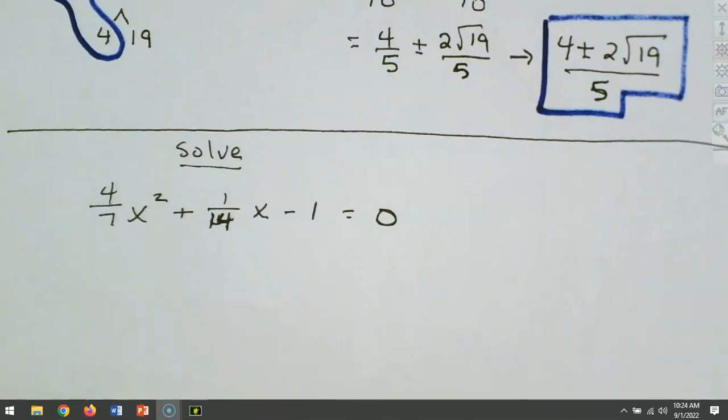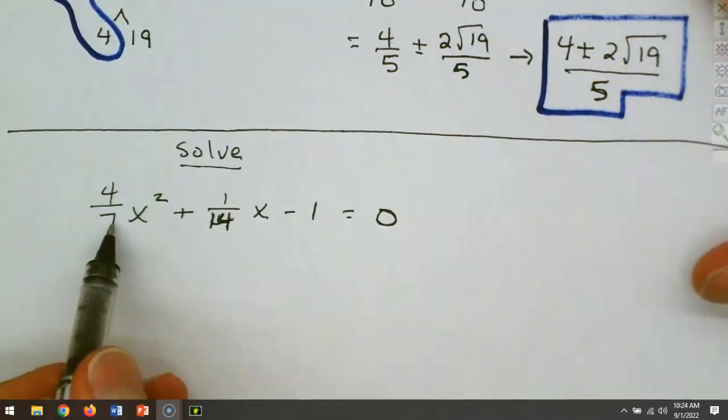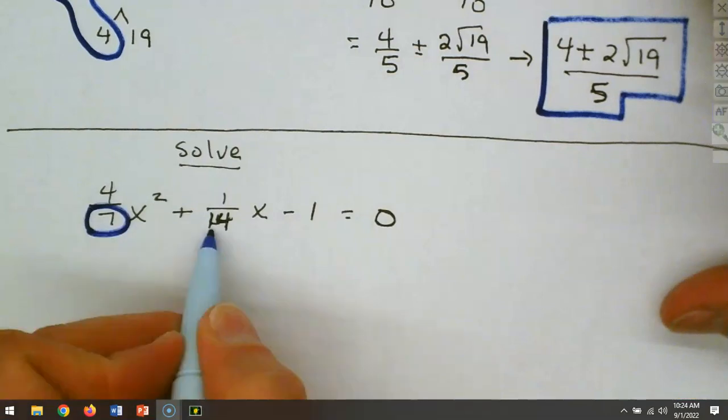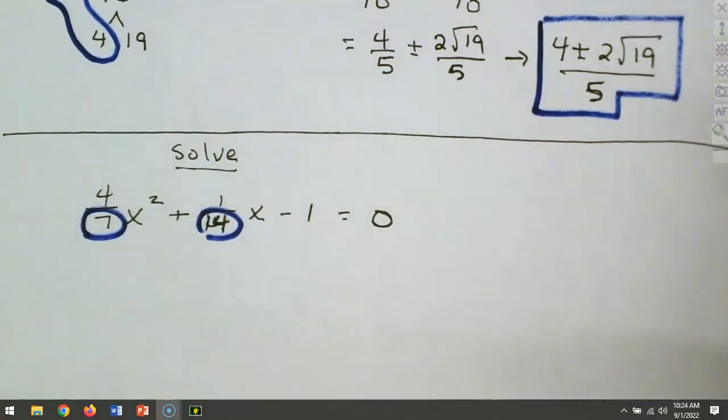So when I look at this, I want to get rid of my fractions. Now, what am I going to have to multiply this entire quadratic by to get rid of my fractions? Let's look and see what we've got. My denominators. What are my denominators? 7 and 14.